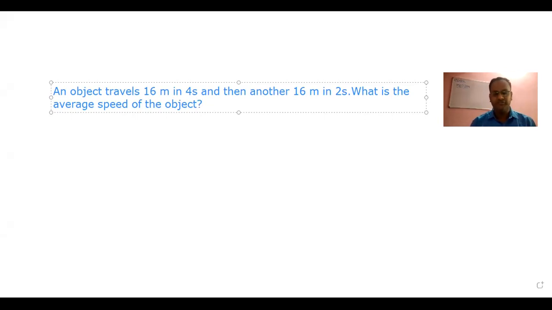So I repeat the question. An object travels 16 meter in 4 seconds and then another 16 meter in 2 seconds. What is the average speed of the object?